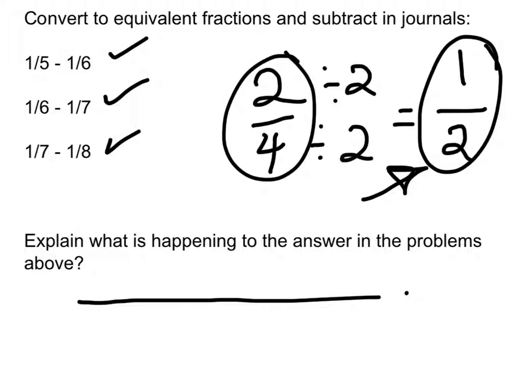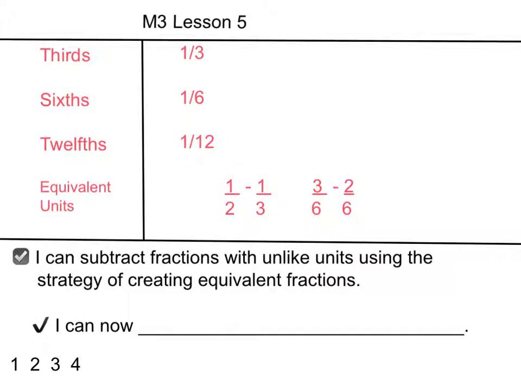Final step for today, when you're done with your problems and your problem sets, reflect in your journal. When you reflect in your journal, ask yourself the target. I can subtract fractions with unlike units using the strategy of creating equivalent fractions. Can you do that? I can now, are you a 1, 2, 3, or 4?